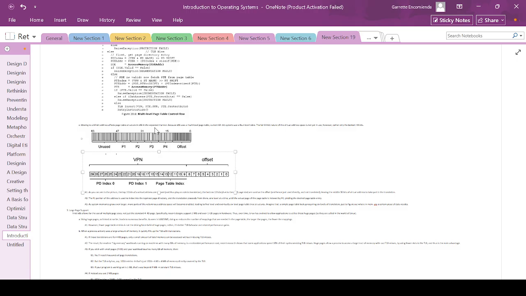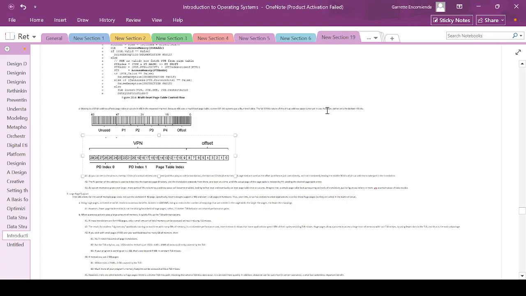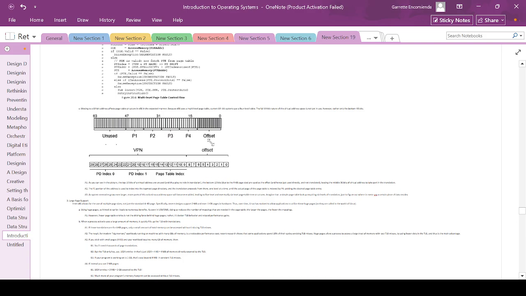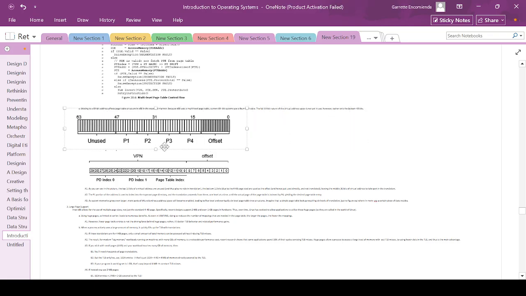The full 64-bit nature of the virtual address space is not yet in use, as you can see here. So you have unused bits. In 32-bit we have a different structure, I think with only 3 levels. Now we have 4 and some unused bits here.